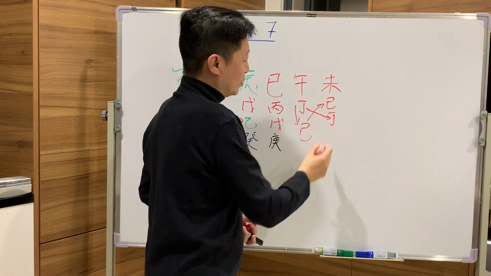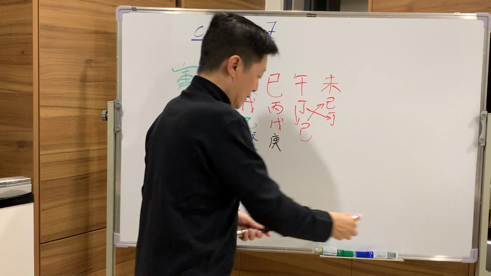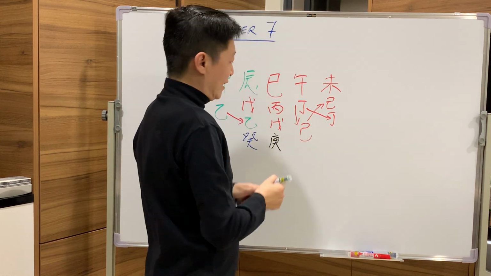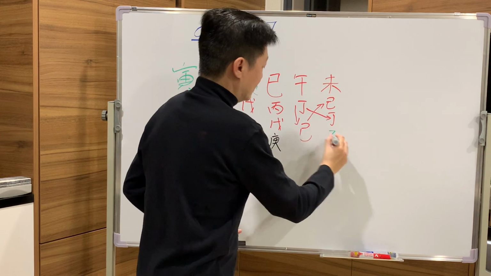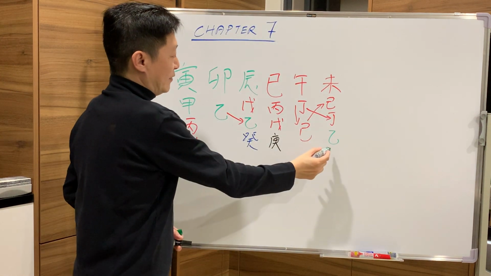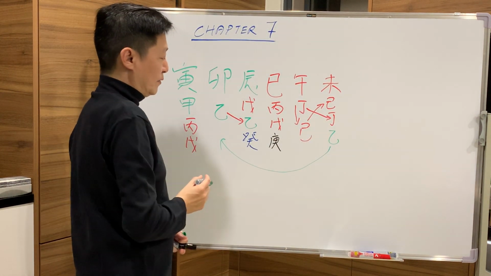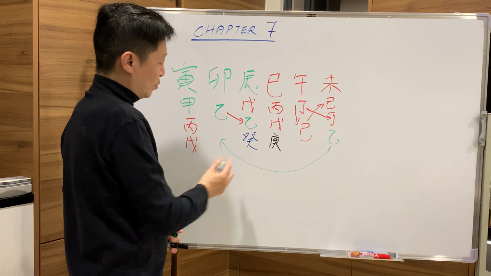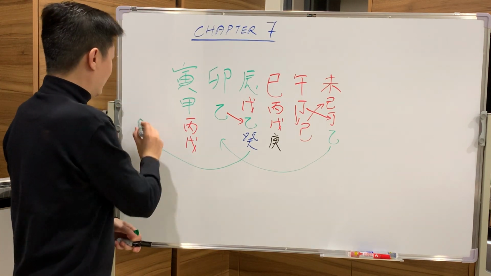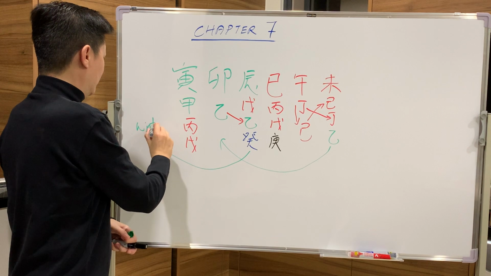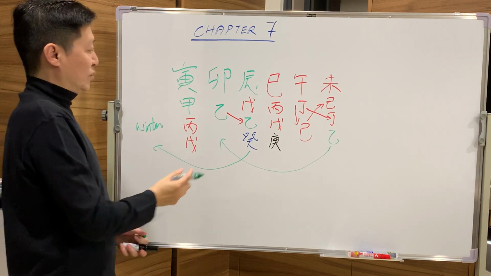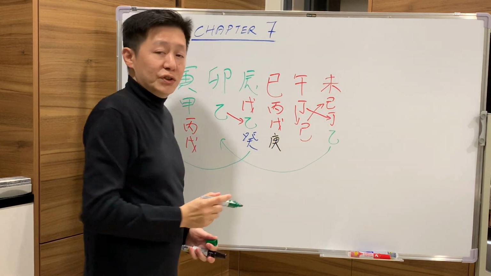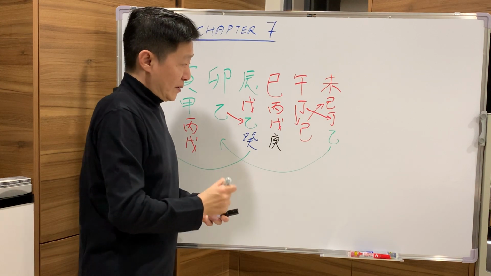See, they go to the grave. And the last one is E. Okay, E is a leftover from spring. Water is a leftover from winter. Okay, that's why it's called water storage. It's called wood storage.